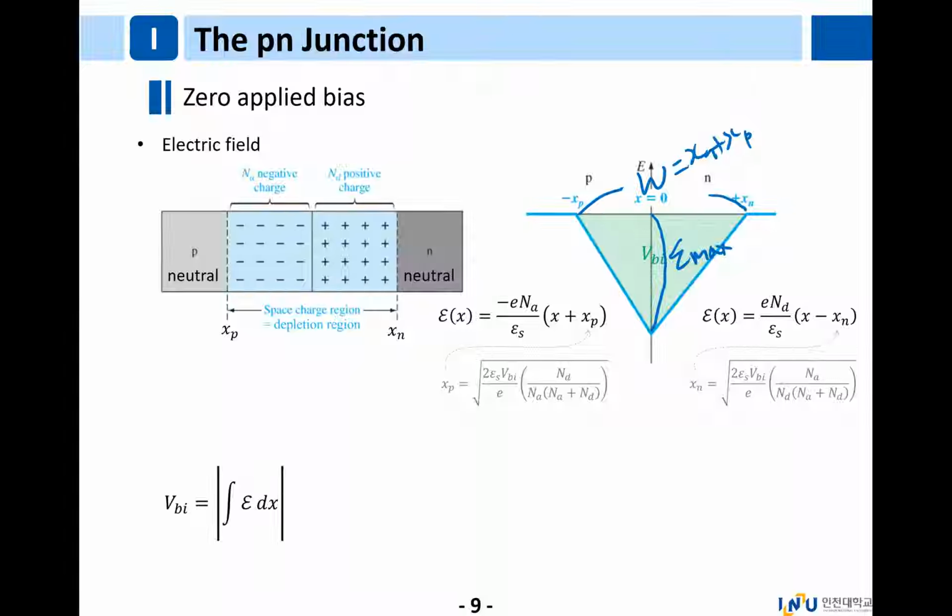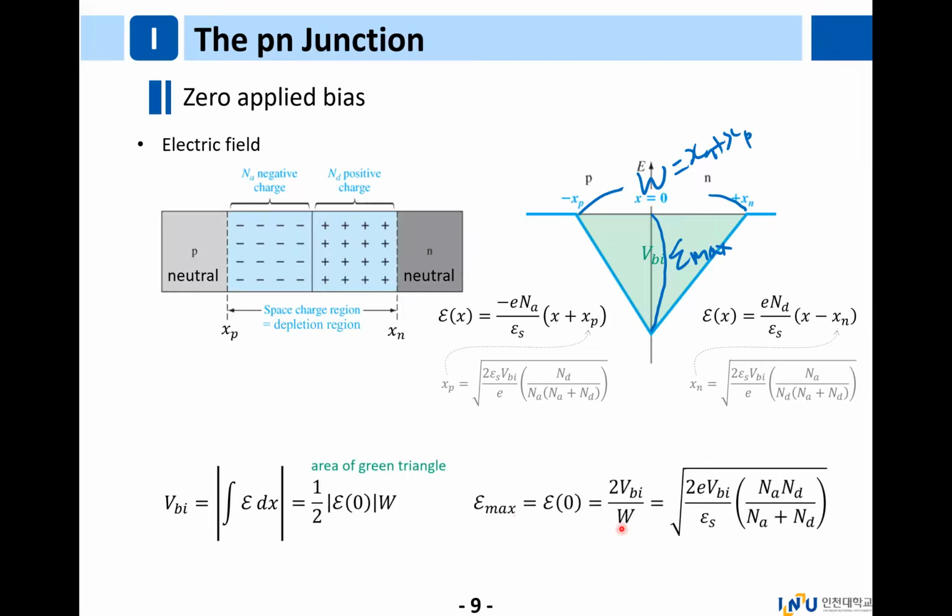We can calculate the area as follows, right? Therefore, the maximum value of the electric field can be obtained as 2VBI divided by W, and when simplified, the following expression can be derived.